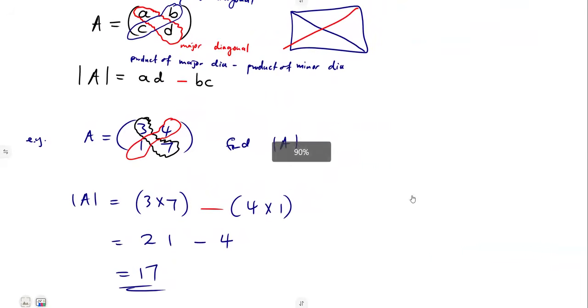So that's how we simply play around with the determinant. You simply need to consider the diagonals and the directed numbers in the simplification.